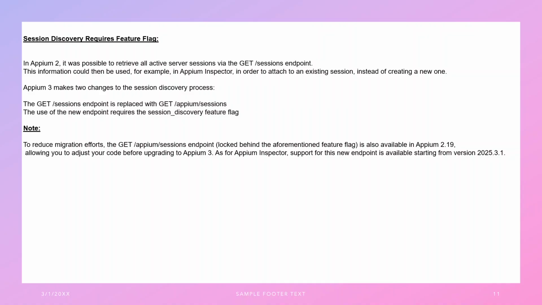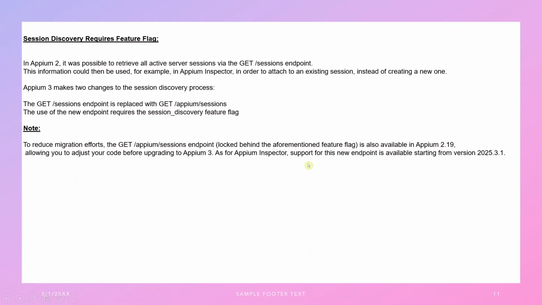So it is already implemented in 2.19 to make the migration process simple. This mandatory session discovery feature flag is already implemented in 2.19 to have a smoother migration process, allowing you to adjust your code before upgrading to Appium 3.